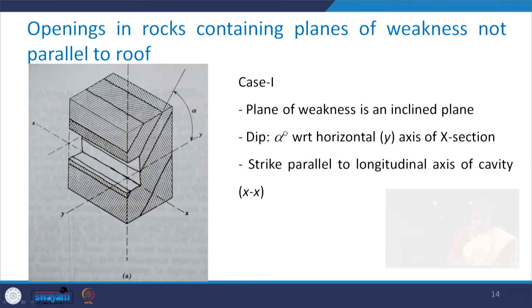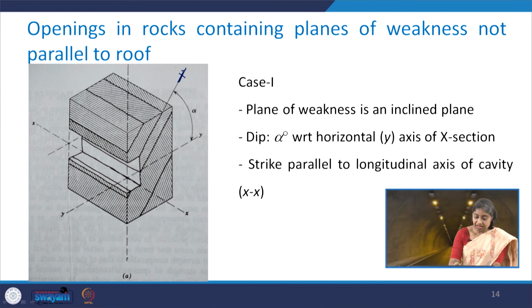Of course, the planes of weakness are inclined, no longer horizontal with respect to the roof. The dip is alpha degree with respect to the horizontal axis of the cross section. You see that this is the horizontal axis, YY, and with respect to this the dip is alpha degree.